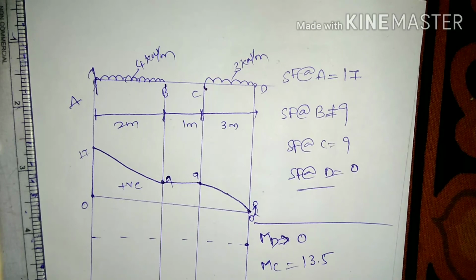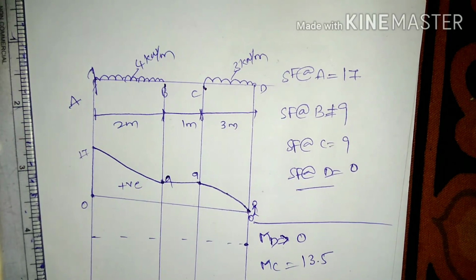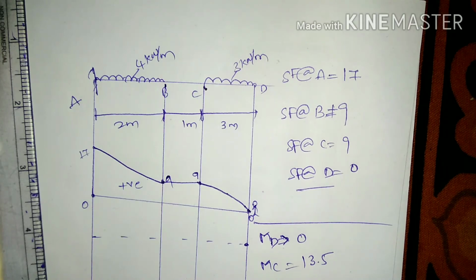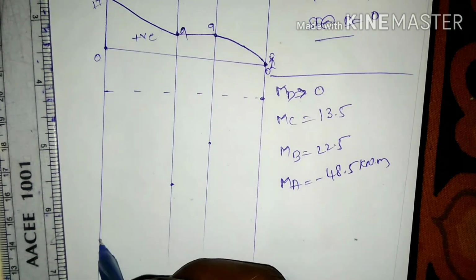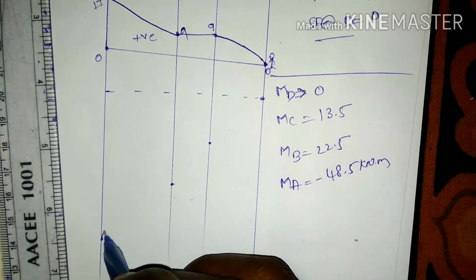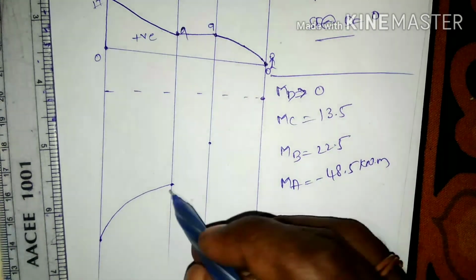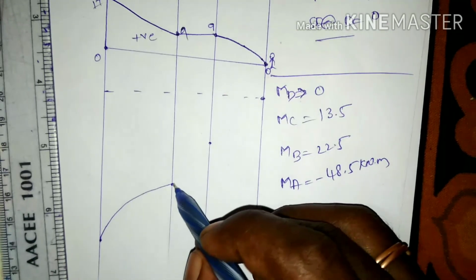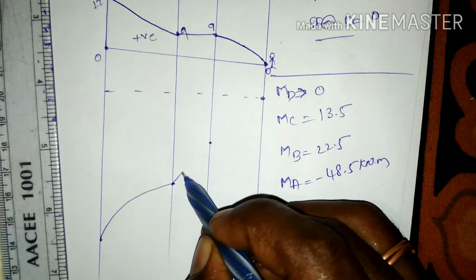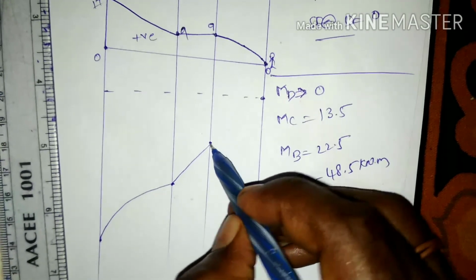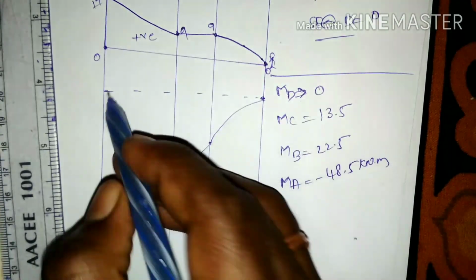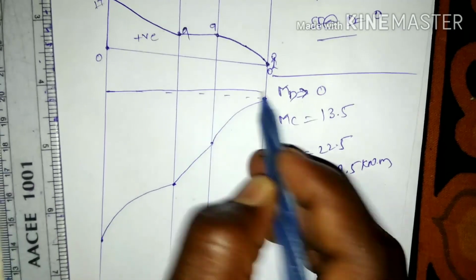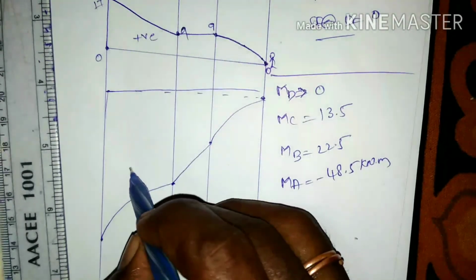Joining the points, from A to B we have a parabolic curve, because it has a UDL. From B to C we don't have any loads, so it goes straight, and from C to D we have a curve. Joining the lines, this is our bending moment.